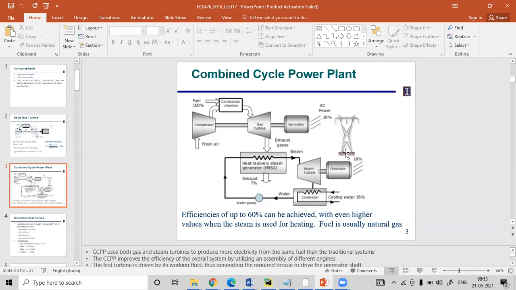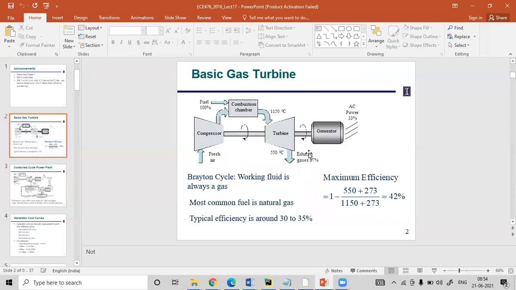In the combined cycle power plant, to improve the overall efficiency of the generator, we recycle or reuse the exhaust gas. In the previous one, this 67% exhaust gas goes out from the turbine into the environment. There is no reutilization of these exhaust gases.